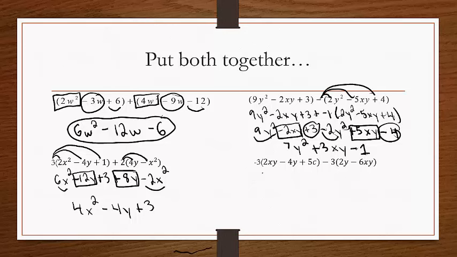When we look at the last one, again, we have to be careful because I see a negative sign here, a negative sign here, another one, and another one. So we have a lot of negatives going on. And I'm going to go ahead and erase this so I have a little bit more room to write.